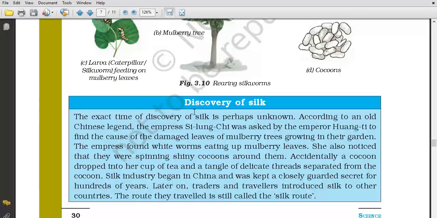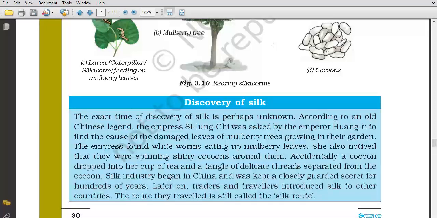Okay. Discovery of silk. Here we will learn how silk was discovered. The time of the discovery of silk is unknown. According to an old Chinese legend, there was an empress known as Sai Lung Chai.